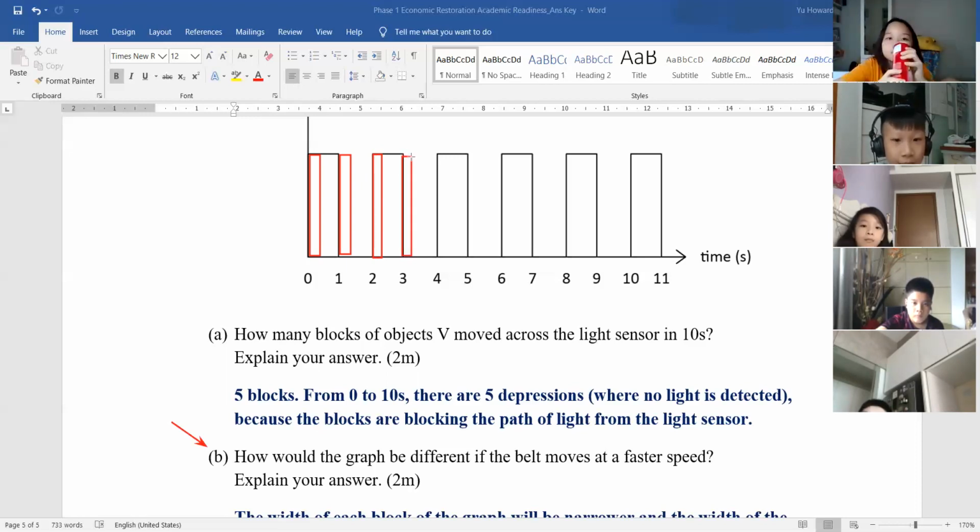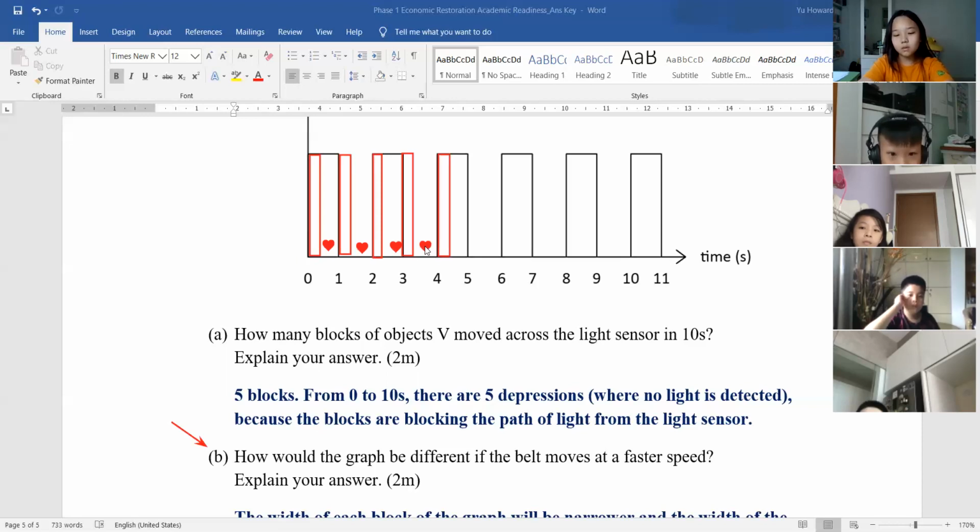Fourth. Okay, let's continue on. Fifth. Okay, I give one example here. You can see from here, right? Now I use a heart shape, the same thing. Okay, so there will be the first depression, second, third, fourth.